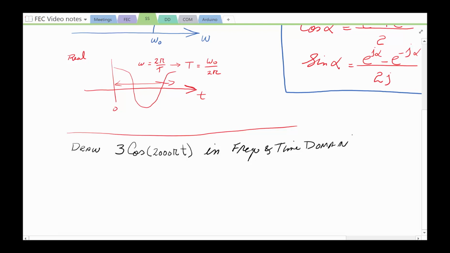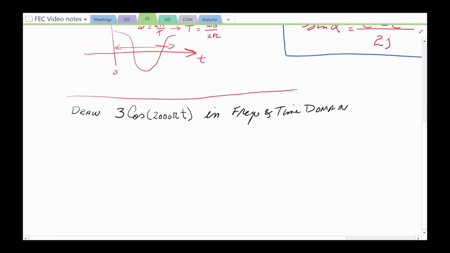The time is really easy. All I have to figure out is what the period for this is. I know omega 0 for this one is 2000 pi, and I know that this is equal to 2 pi over the period, which means my period is simply going to be 1 over 1000, or 1 millisecond.